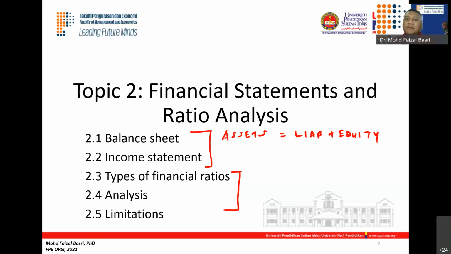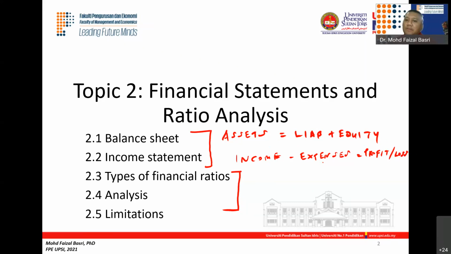That's number one. The income statement is a statement where we see whether the company makes a profit or not for the year. In general, the equation would be income, all the incomes recorded, minus the expenses, and we see whether the company makes a profit or maybe a loss.